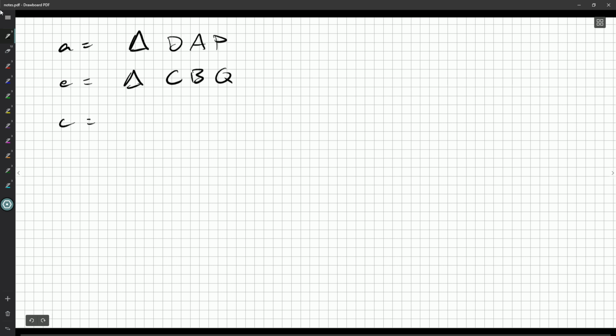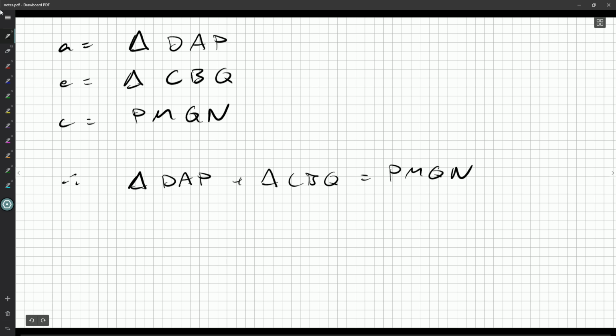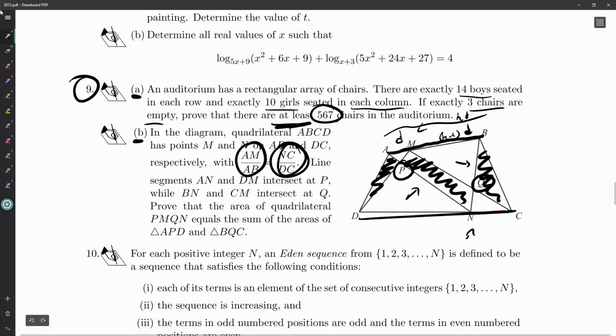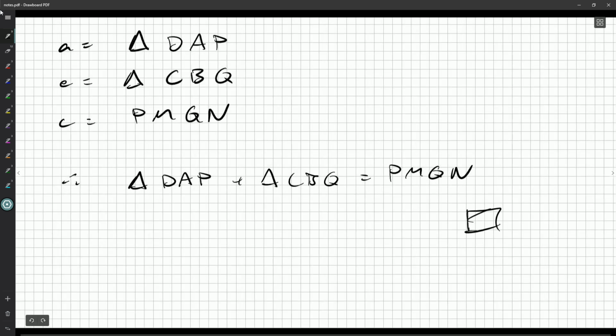And C was that, not a parallelogram, just a plain quadrilateral, PMQN. Therefore, the area of DAP plus the area of CBQ is the area of PQN, which at long last is what we wanted to show. So we could put the little box that says we're done, and indeed we are. And that's question number 9.